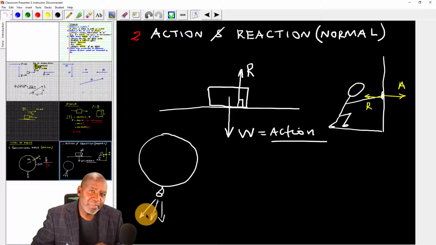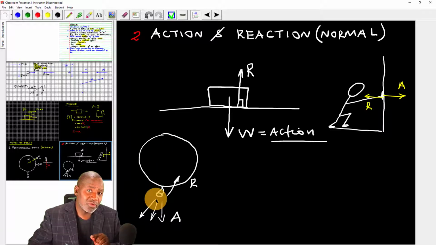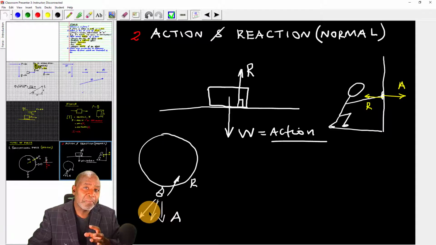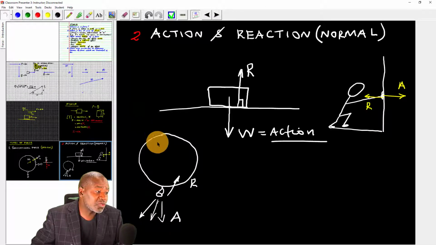That air that is coming out exerts an equal force on the balloon, and that is the reaction. So the action is the amount of force exerted by the balloon on the air, so that the air comes out with a lot of pressure. And then the air itself exerts an equal force on the balloon in the opposite direction, and that is what makes the balloon fly around. And that concept is used in rockets. Again, action and reaction.